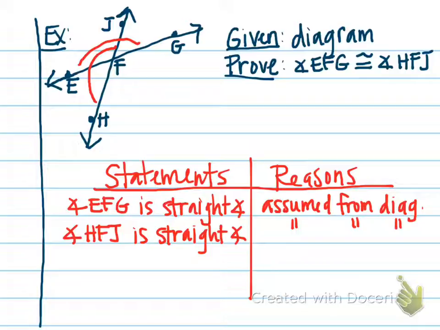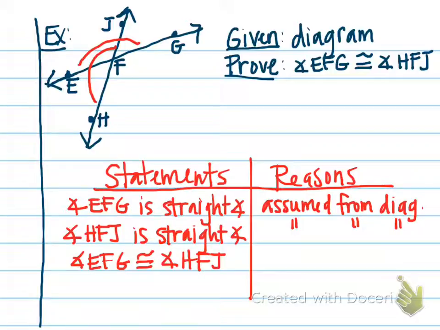Okay, so what do we know? Look at our statements. We have this angle straight, this angle straight. Because of that, we can say, based on Theorem 2, that if two angles are straight angles, then they are congruent. So we can say that angle EFG is congruent to angle HFJ because of that theorem.